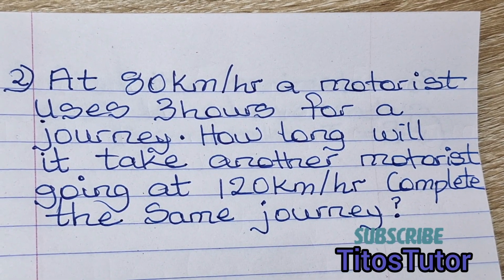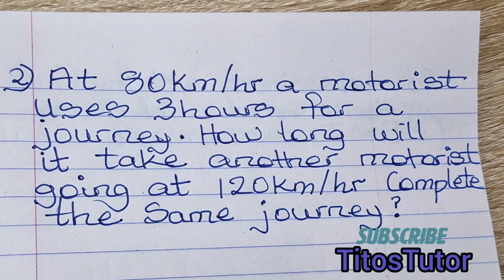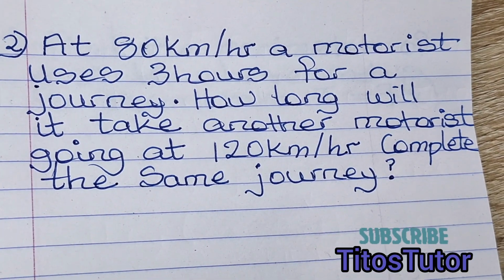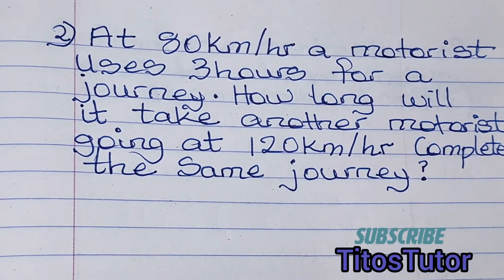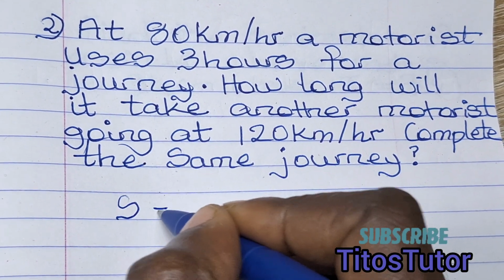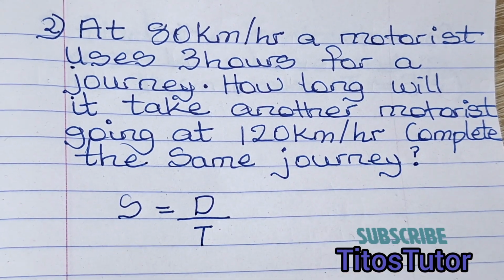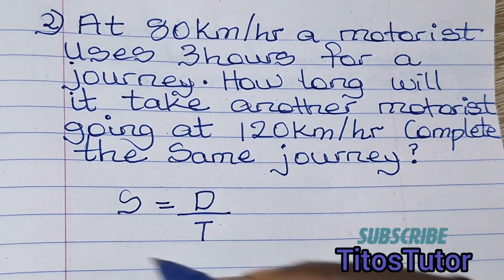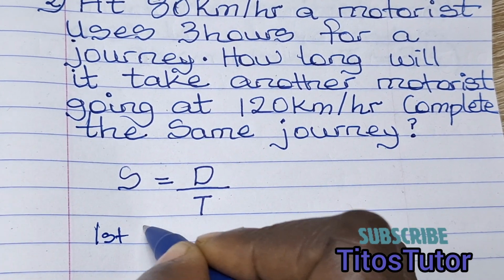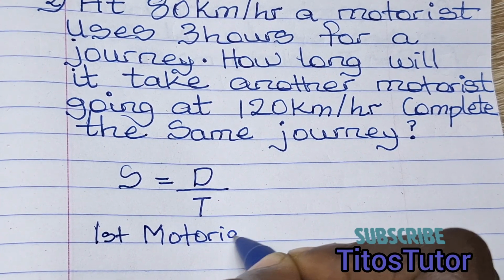Okay, so let's remember that this is a speed, distance, and time question. And our formula for speed is, S for speed is equal to distance all over time. For the first motorist, so let's start with the first motorist.